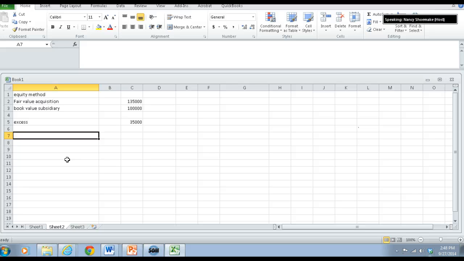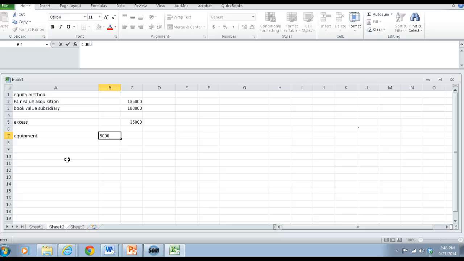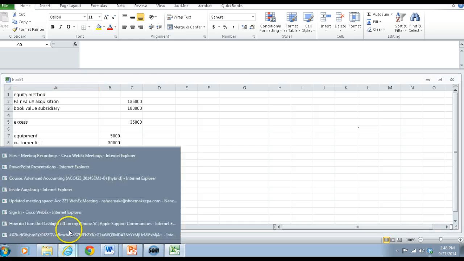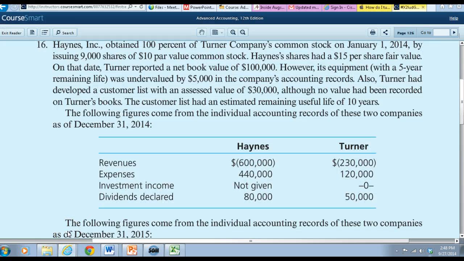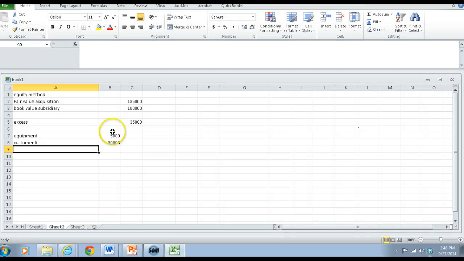Now we know that we had equipment that was undervalued by $5,000, and we've got a customer list for the difference of $30,000. The equipment has a useful life of 5 years, and the customer list has a useful life of 10 years. So here is the allocation of the excess.